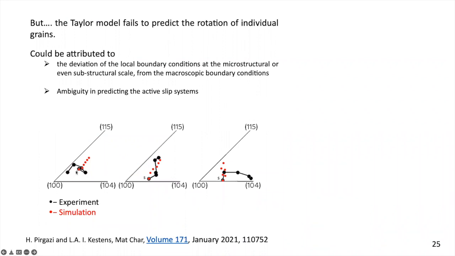For example, you see here specific orientations which are way off with respect to the model. You also have other orientations that follow the model, or first follow the model and then break away.